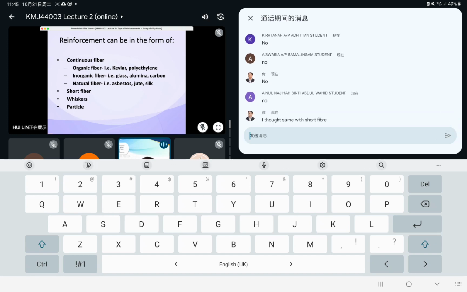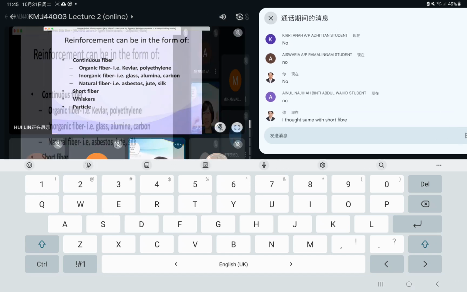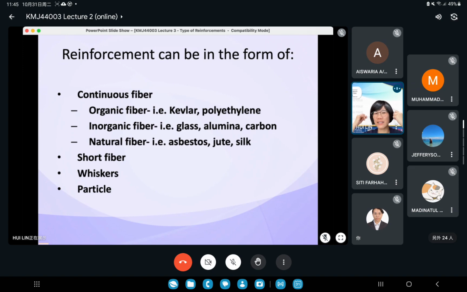You know, you have this cat, the meow. It's not short fiber. It's even shorter than short fiber. But the whiskers' end is usually sharp, right? Like the cat's, the end is quite sharp. So this one we call whiskers.